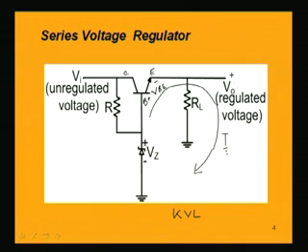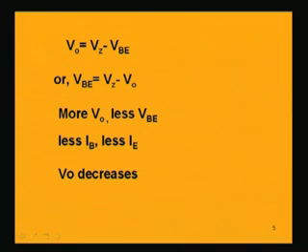In the output circuit, applying Kirchhoff's voltage law, Vz minus VBE minus V naught equal to 0, or Vz minus VBE equal to V naught, or we can write VBE is equal to Vz minus V naught.